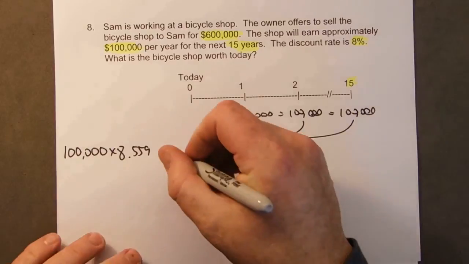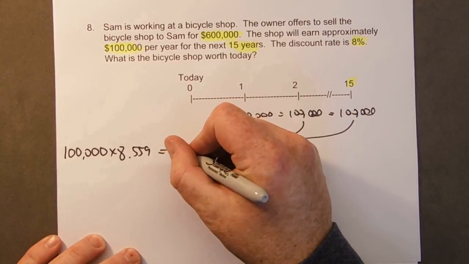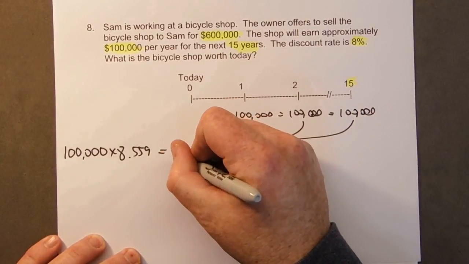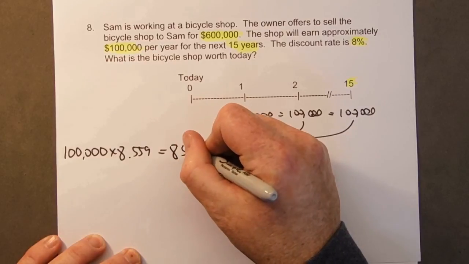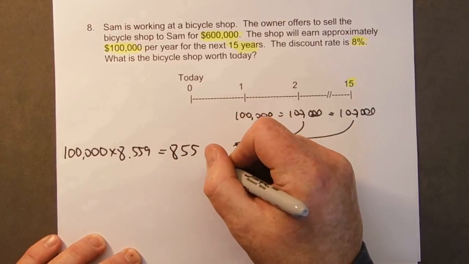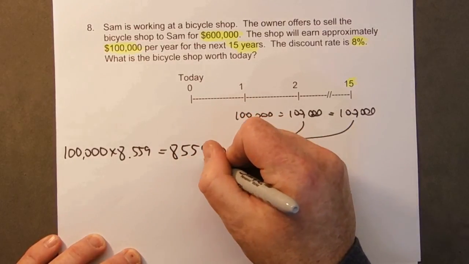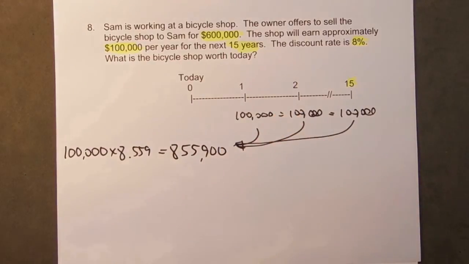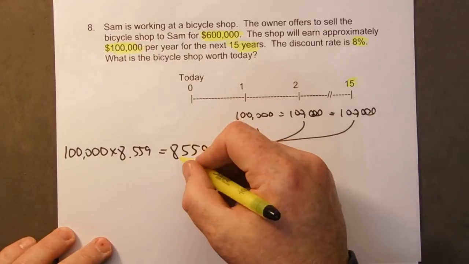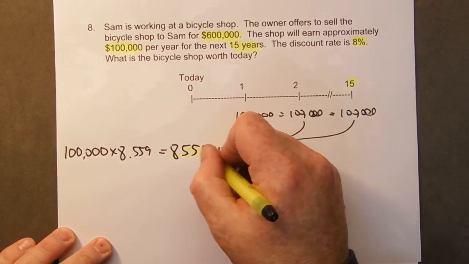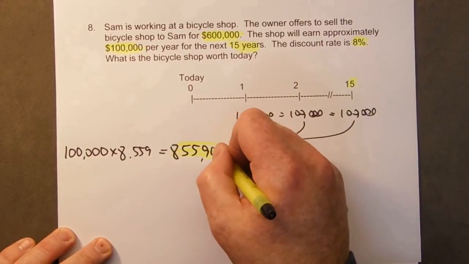So, the bicycle shop is actually worth $855,900. So that's going to be the value of the bicycle shop.